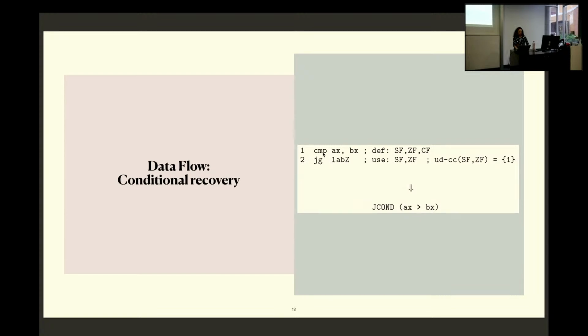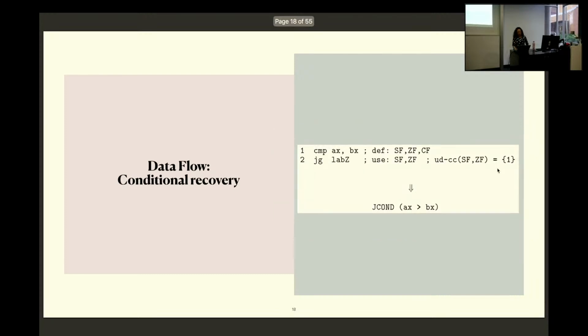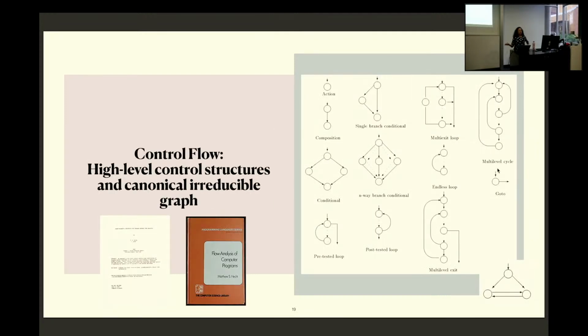Like you could have 5, 10 different statements, and if those statements are not actually modifying the condition codes, you can still collapse these instructions in exactly the same way, because that's what the use-definition chain is tracking for you here. And similar for the earlier example, you could have statements in between, of course, right? So that's how the data flow works. So now when you start looking into the control flow, what do you want to do?